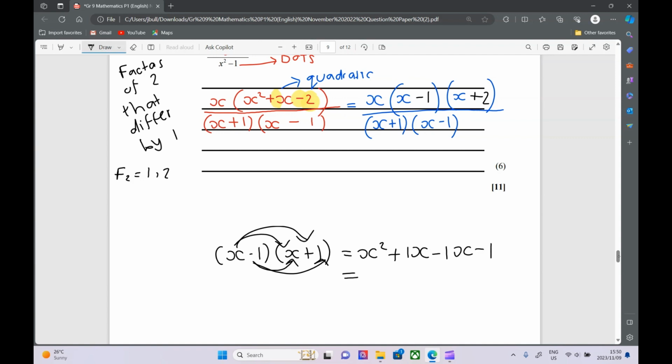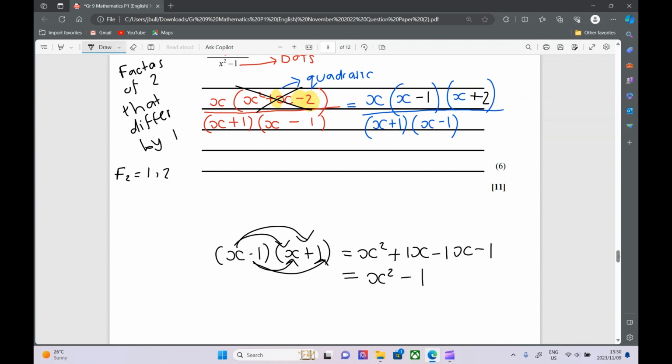Okay, simplify this. So we've got x squared. 1x minus 1x is nothing x. And that means we're left with that. Okay, this is not what we started with. So we know that the signs are then in the wrong order. If you get that it's not the same as this one that we had, that means you just got to switch the signs.